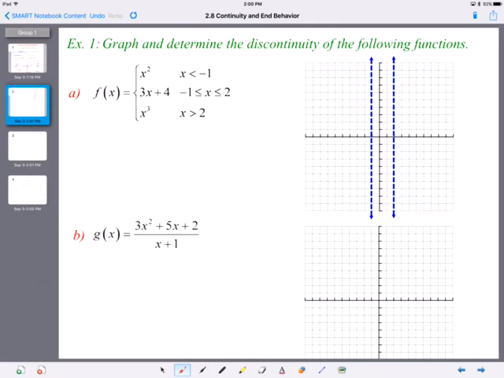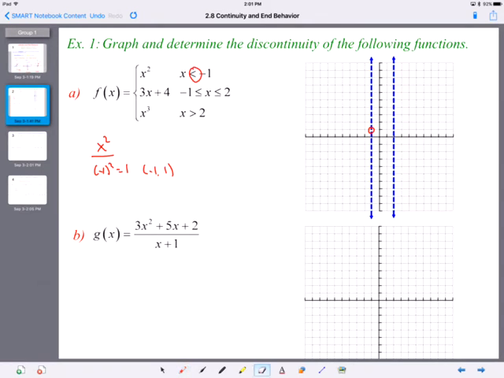So x squared, we want to graph values of -1, so your input is -1, and your output is 1. So at (-1, 1), it's an open circle because it's not included.